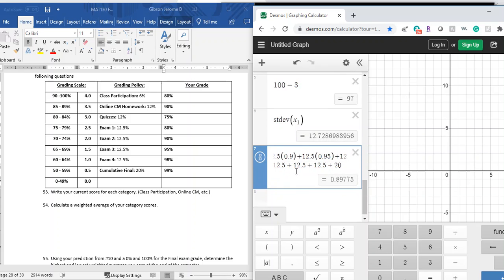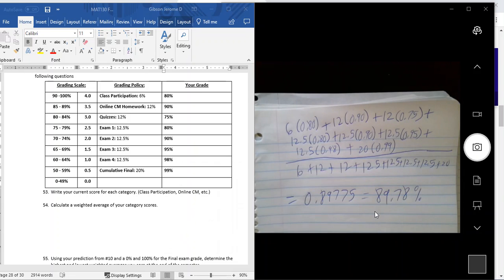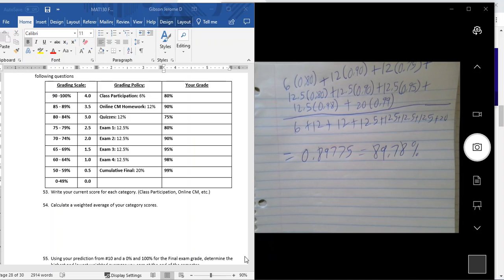I think that has everything. Yes. And then our final answer here will be 0.89775, which we know written as a percent is 89 point, and they didn't tell us how many places to round. So we'll put 89.78%. That will be our percentage here.